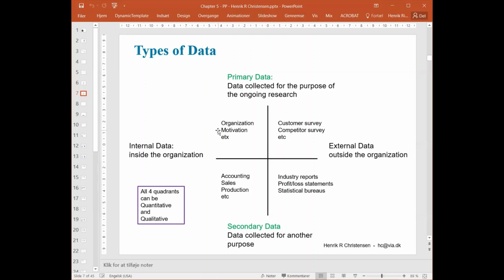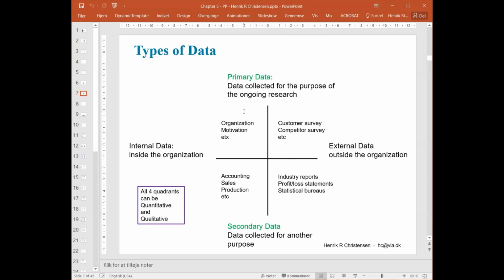What do you think about the work environment, etc., etc.? Then this would be data that we collect inside the organization, and we collect it with the purpose here of investigating satisfaction. So this quadrant is about collecting primary data inside the organization.